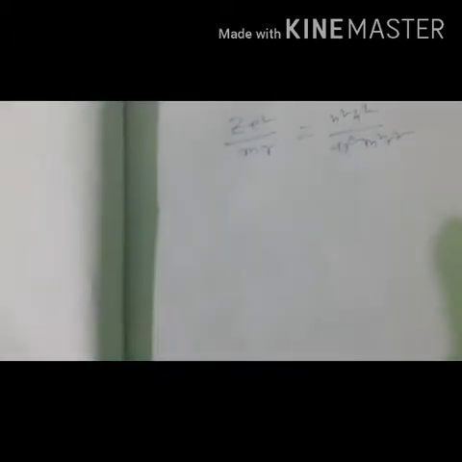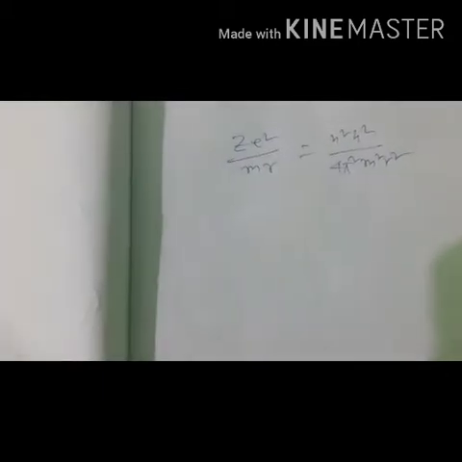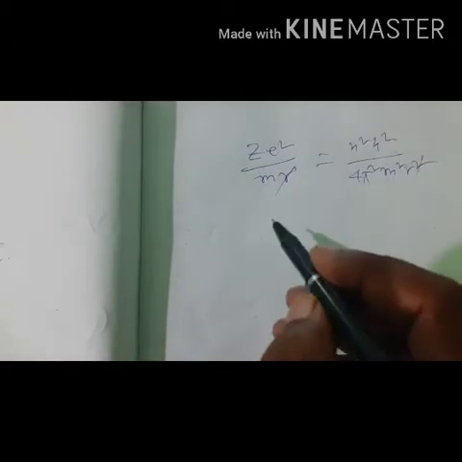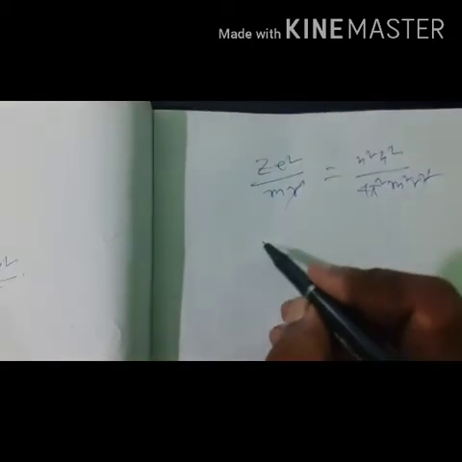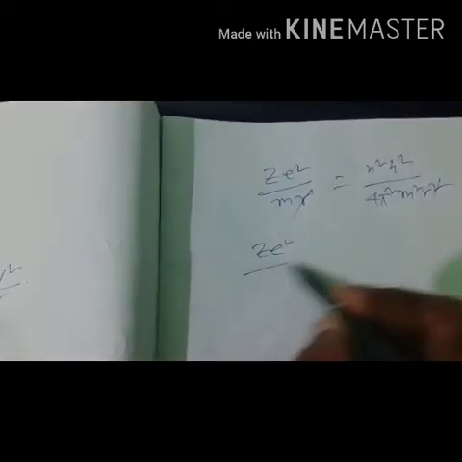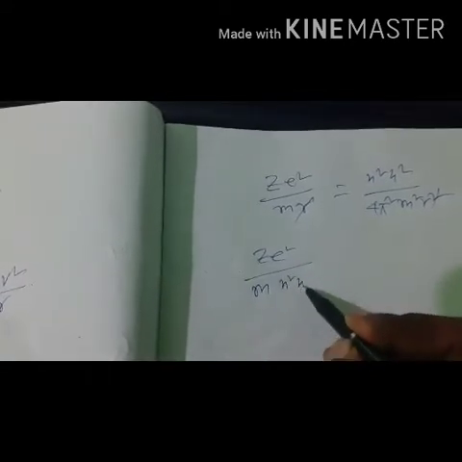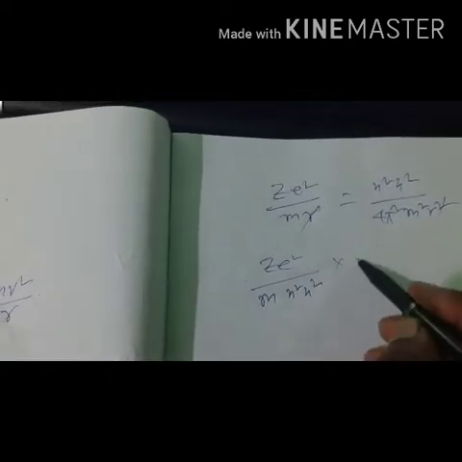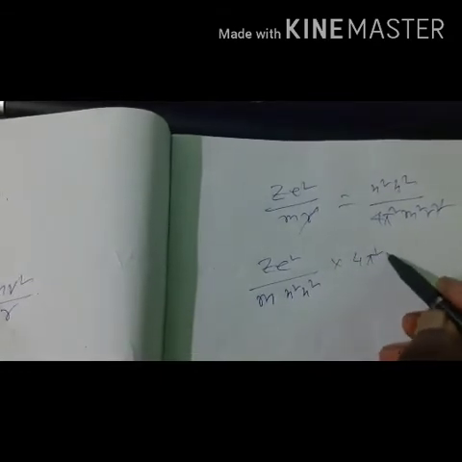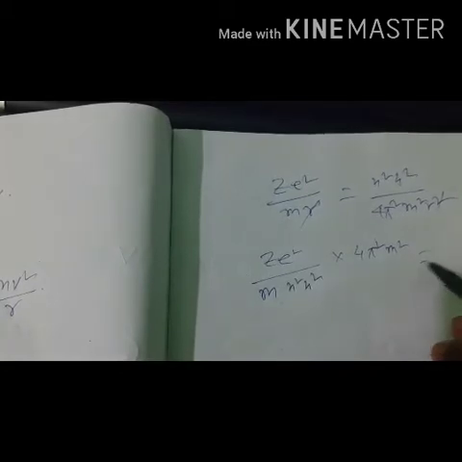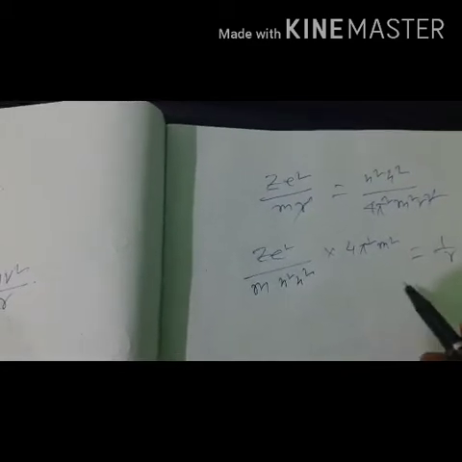Now this r and this r will cancel, and the value will come Z square divided by m, equal to n square h square into 4 pi square m square divided by 1 by r.